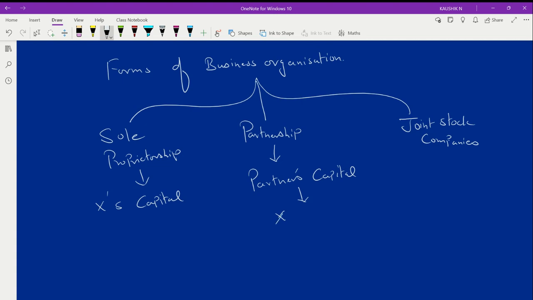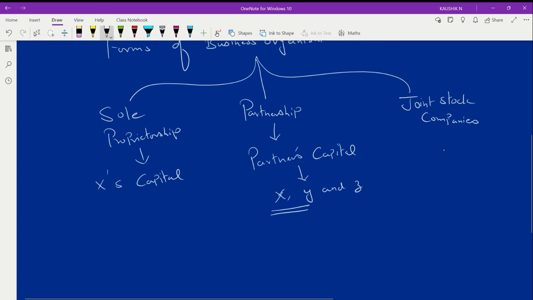For example, if there are three partners X, Y, and Z, and X and Y alone have contributed capital, then you will mention it is X's capital and it is Y's capital. Am I making sense to you?